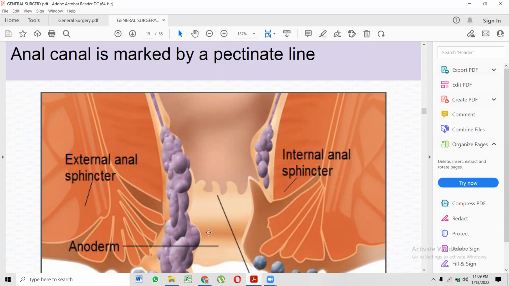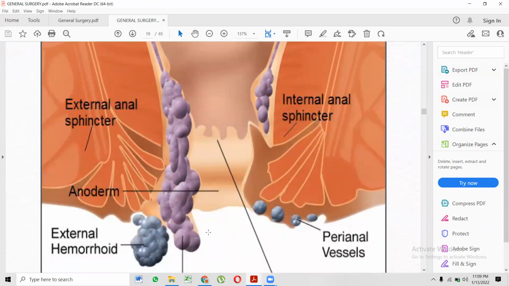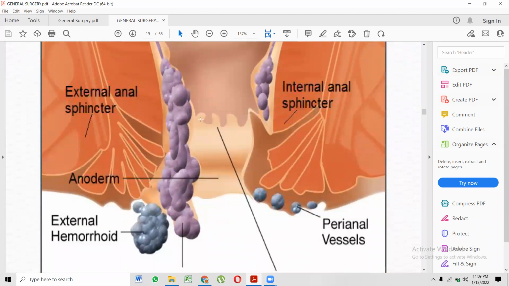Then from the stomach to this line, which is called the pectinate line, the epithelium of the enteric tract is columnar epithelium. And below this point, the pectinate line, in the anal canal, the epithelium is again squamous epithelium.